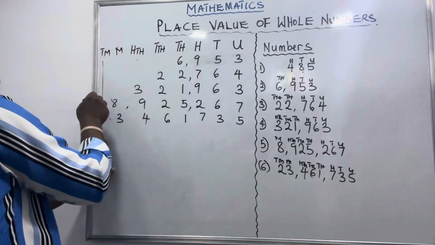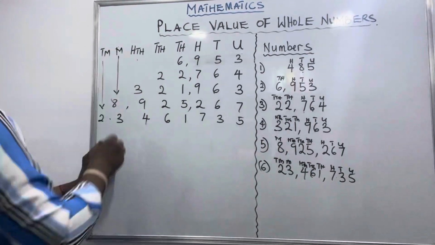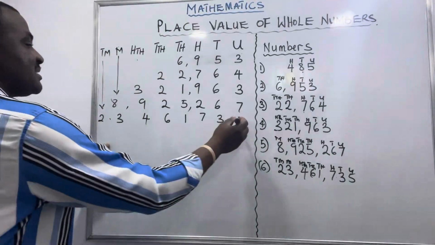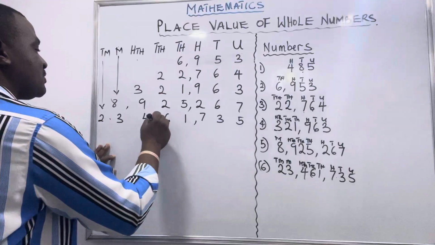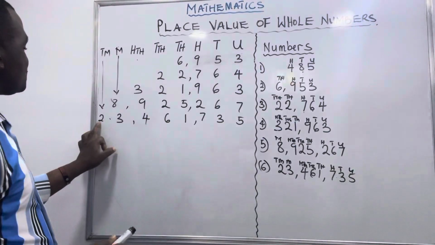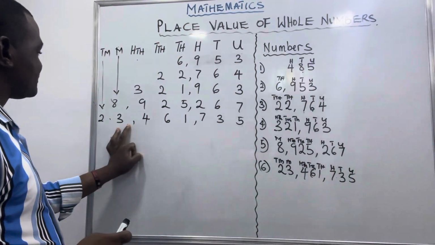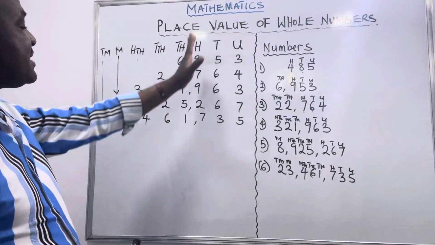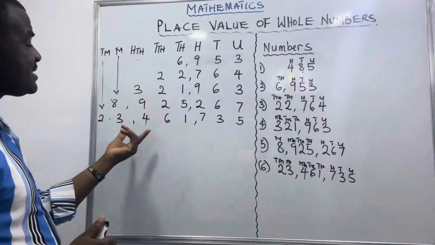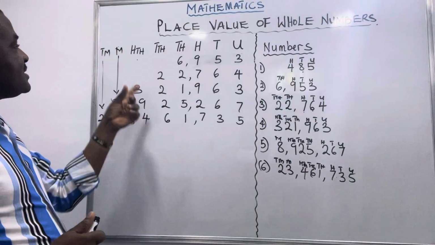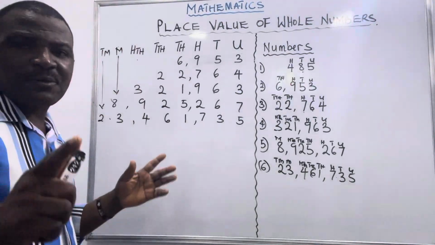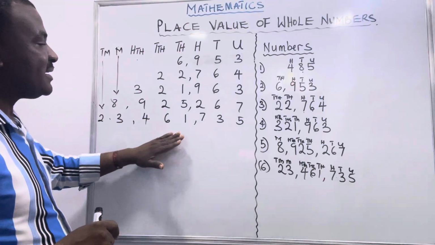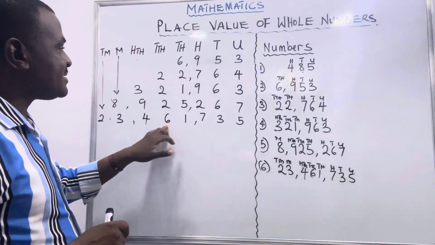So see, like that. Let's count 1, 2, 3, 1, 2, 3: 23 million 461,735. So the place value of each number you can select. Let's say the place value of 4, what is it? 100,000. Now I'm going to show you how you can identify if it is 60.